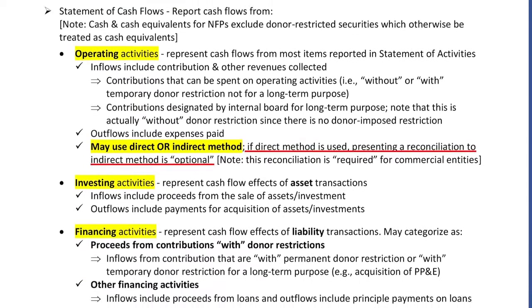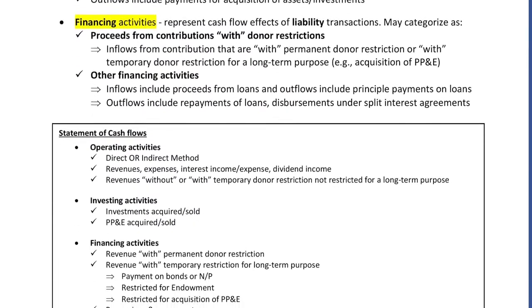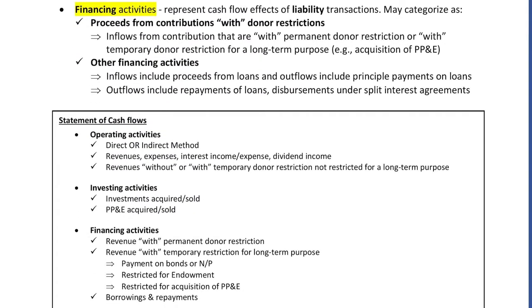Move down on the bottom of the page where again we have the statement of cash flows with operating activities, investing activities, and financing activities. Let's look at contribution revenue. Under operating activities, you're going to have revenues without or with temporary donor restriction, not restricted for a long-term purpose.